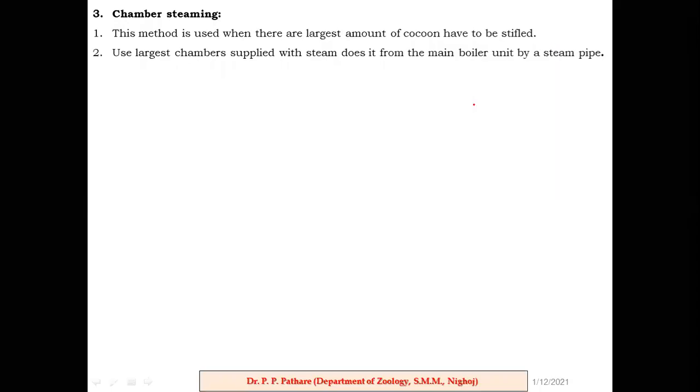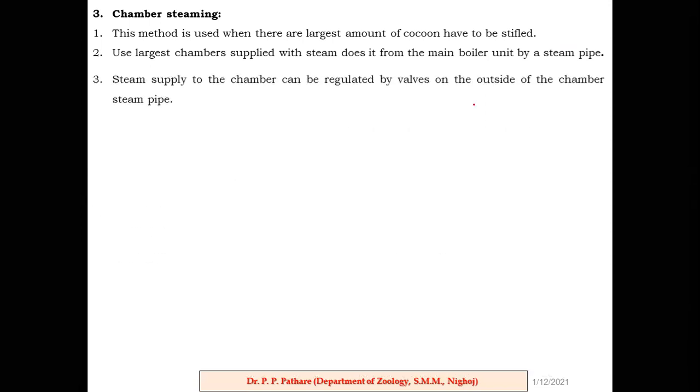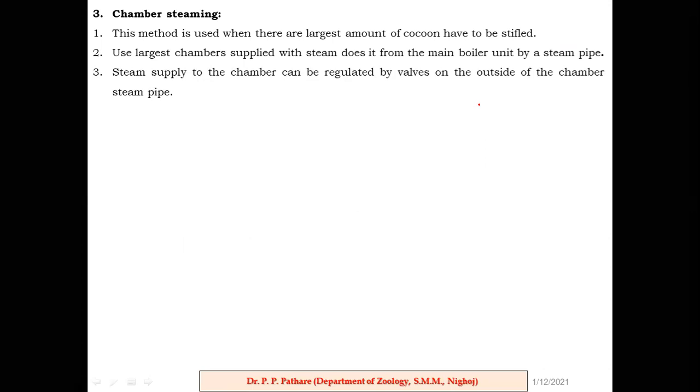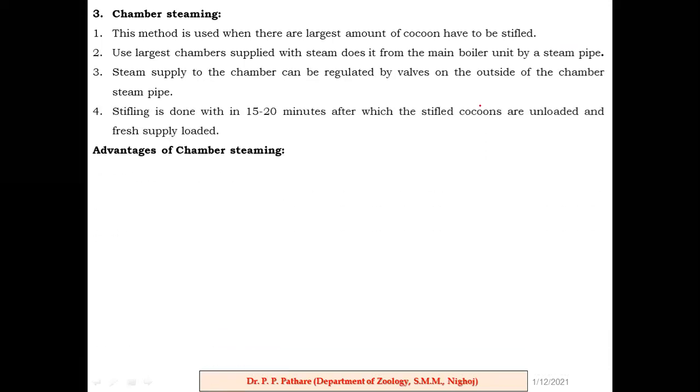Chamber steaming generally uses a large chamber supplied with steam. If you are interested in this method, you also require one main boiler unit for producing the steam, with a pipe channel system. This is actually an advanced method to dry the cocoon inside the chamber.